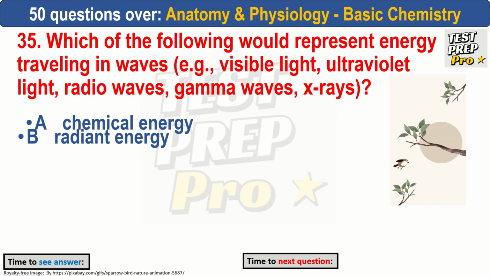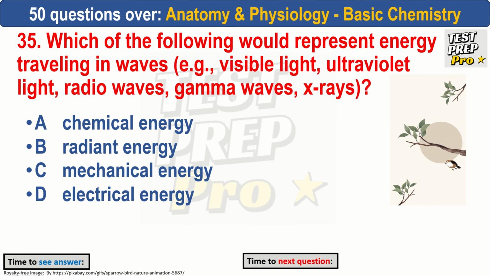Which of the following would represent energy traveling in waves? For example, visible light, ultraviolet light, radio waves, gamma waves, or X-rays?